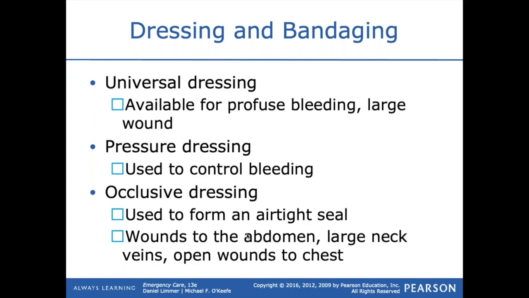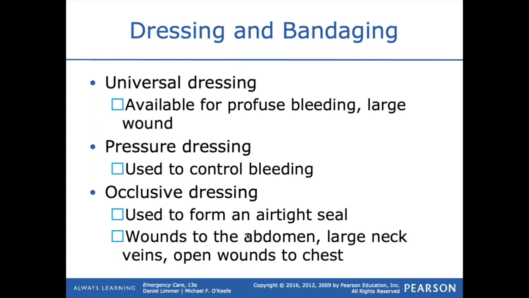The belly. The reason we want air occlusive dressings over the abdomen is we don't want that very fragile tissue that makes up the intestines drying out. Okay? In the neck, the atmospheric pressure will allow air to get sucked into neck veins. Then you have a giant air embolus, which acts like a clot.